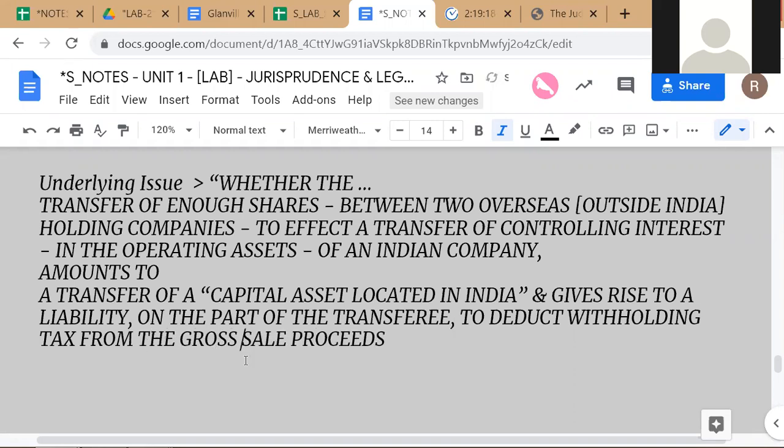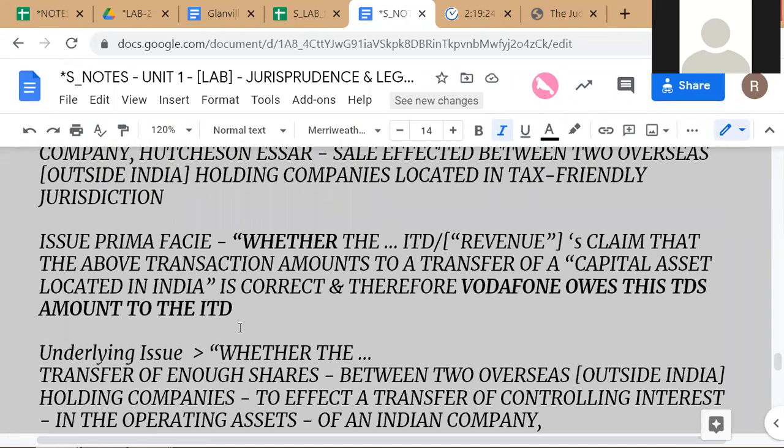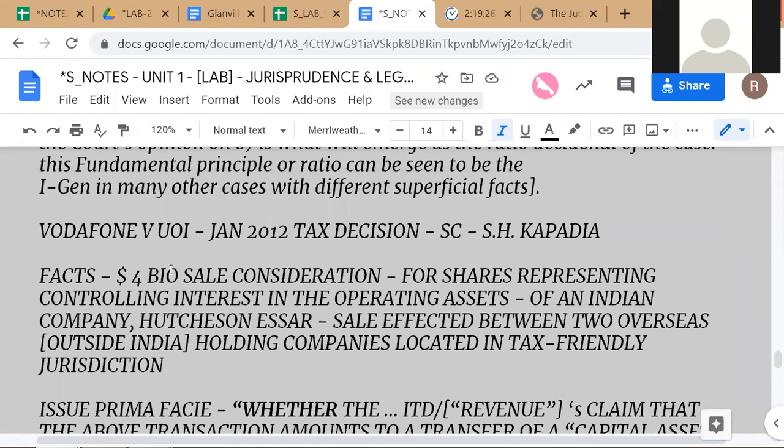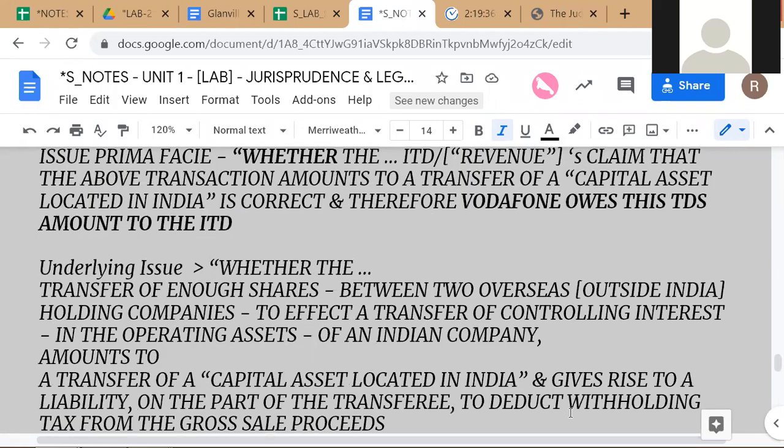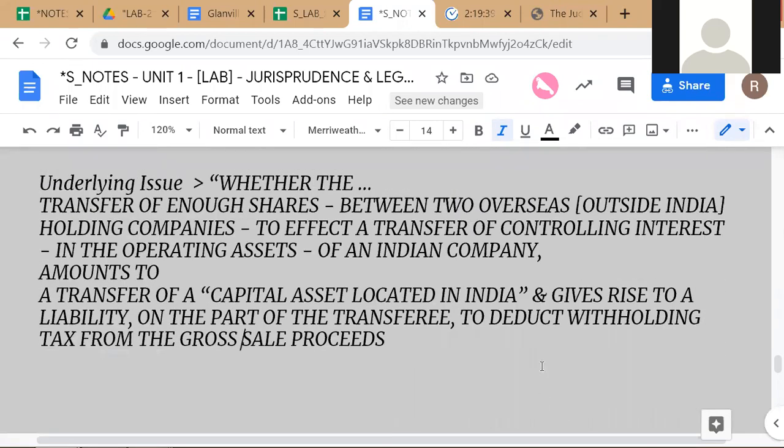If I have a full gross sale proceeds, in this case 4 billion, then 10% of that is the withholding tax, and 90% of that would be the net sale proceeds. So essentially, it gives rise to a liability on the part of the transferee to deduct withholding tax from the gross sale proceeds and pay it to the income tax department. I'm just not writing proper English here to save time. So it's a statement of the underlying issue at the Indian level.